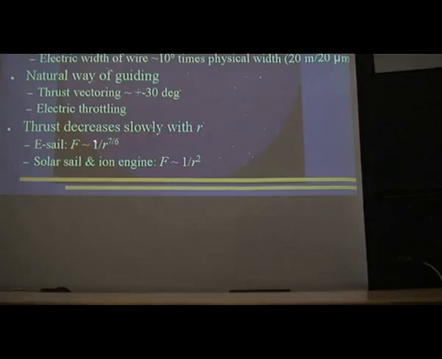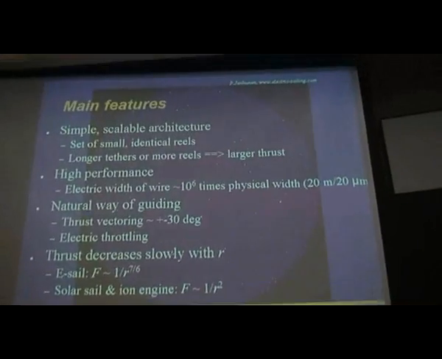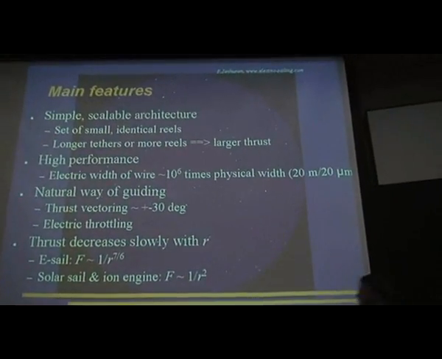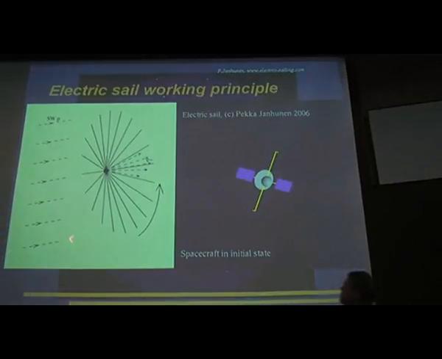In this electric sail it goes roughly like the inverse of the radial distance, while in the solar sail and solar powered ion engine it goes like one over distance squared. So this is the geometric configuration we are proposing to use. Here is the spacecraft at the center, here is the solar wind coming, and these tethers are deployed like this, and then the electrons are shot out of the spacecraft.